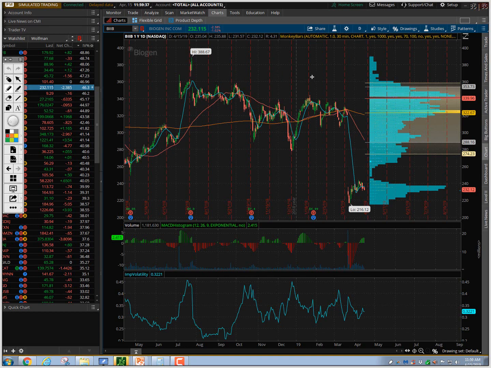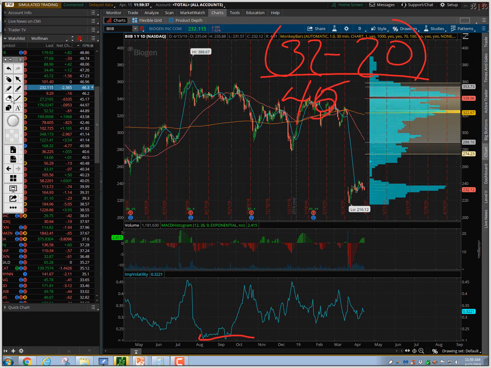Give me a pen here. So we've got a numerator and a denominator, right? So we take 32 minus the low, which is 20. Remember, we've got this as the 20. And then 45 minus the low. Whoops, 45. Let me erase that if I can.